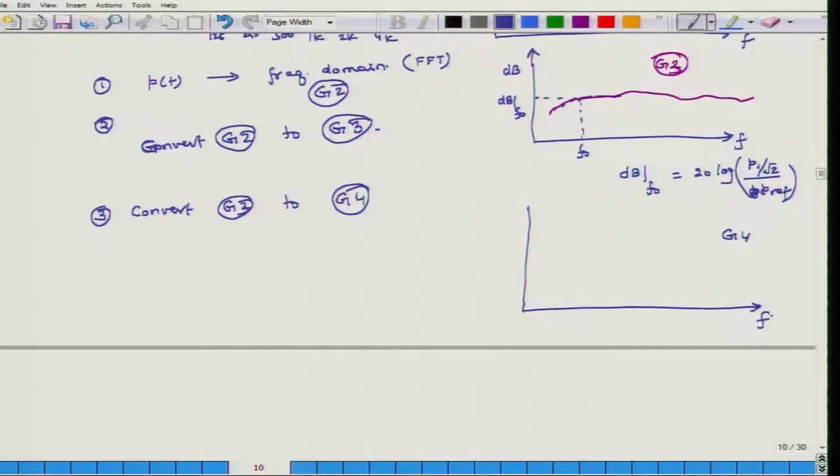On the x axis I am plotting frequency and on the y axis I am plotting dBA. So, this is the original dB curve, but now for each frequency I have to add or subtract the A weighting. So, this is the dBA curve.